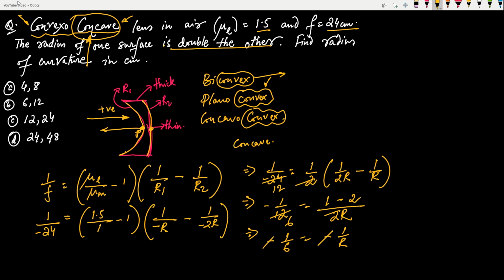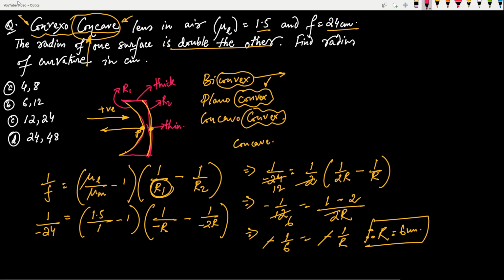Minus minus got cancelled, therefore you can say that r is actually 6 centimeter. If r is 6 centimeter, then we have taken r1 as r and r2 as 2r, therefore the radius r1 will be 6 centimeter and r2 will be double of that, that is 12 centimeter. Now if you check the options, then option B is the correct answer.